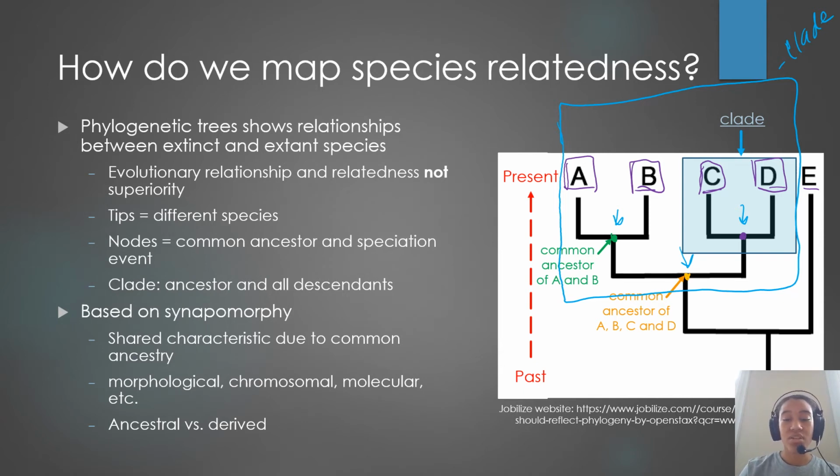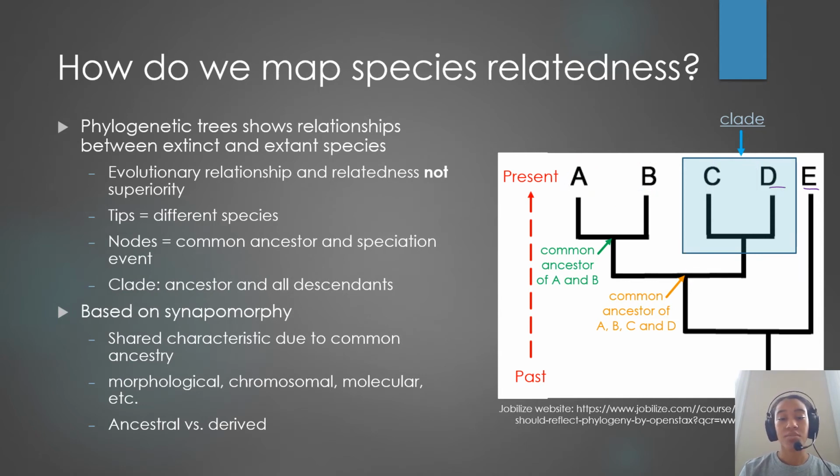So if we lose our example here, and this is getting a bit crowded, so let me do some erasing. So if we had, let's say, spinal cords were first recognized in this ancestor here, this orange ancestor, and all the descendants A, B, C, and D have a spinal cord, so we know they share that common ancestor. But let's say in this common ancestor is when we first saw hair develop or something, right?